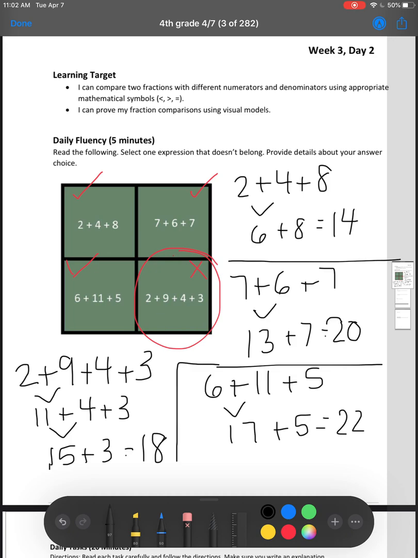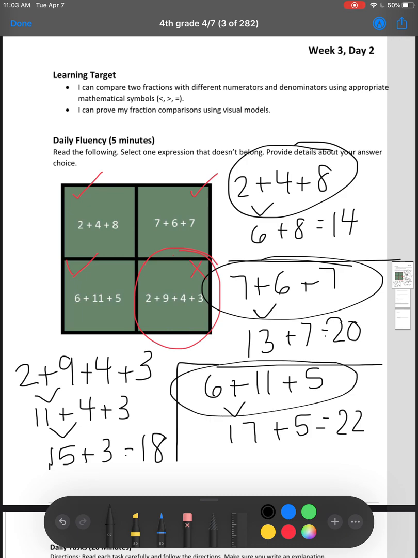You could also look at the types of digits in each problem. In this expression, all of the digits are even. In this expression, only one of the digits is even.